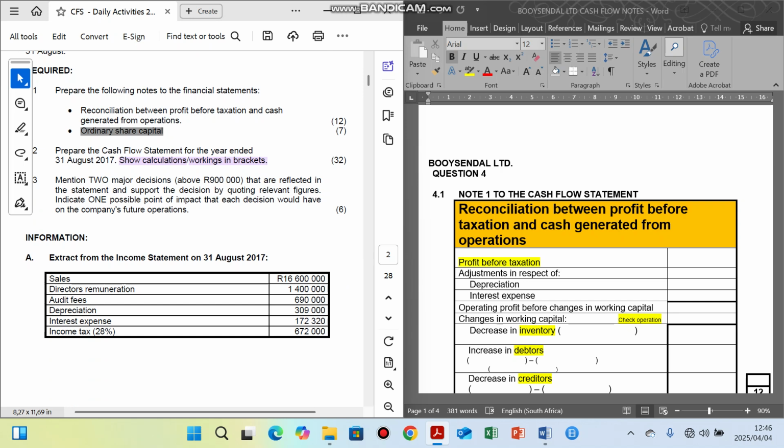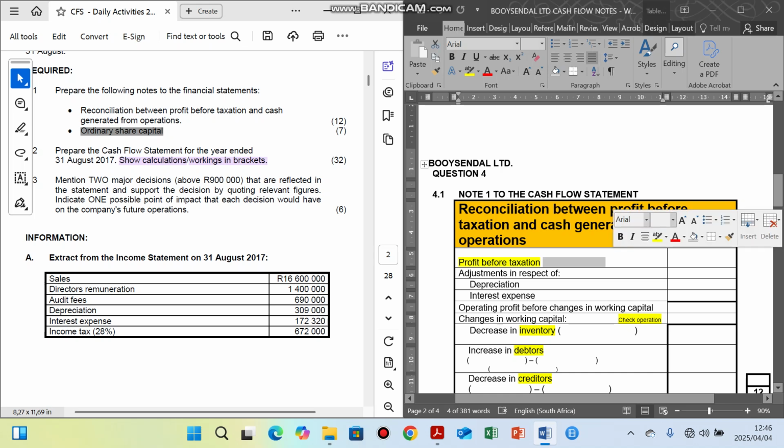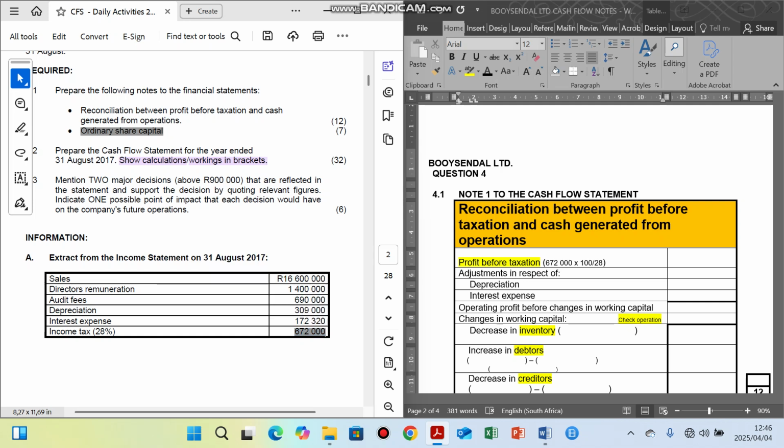But what we are looking for here is profit before taxation. So let's look at how we calculate that. We're going to say 672,000 multiplied by 100 divided by 28, which is the percentage we got from the extract here.